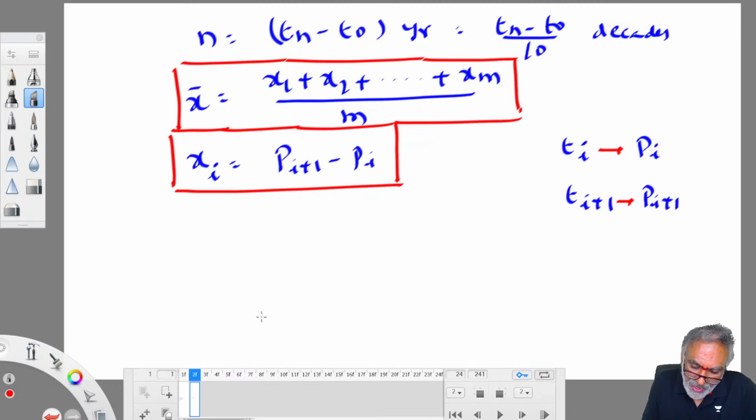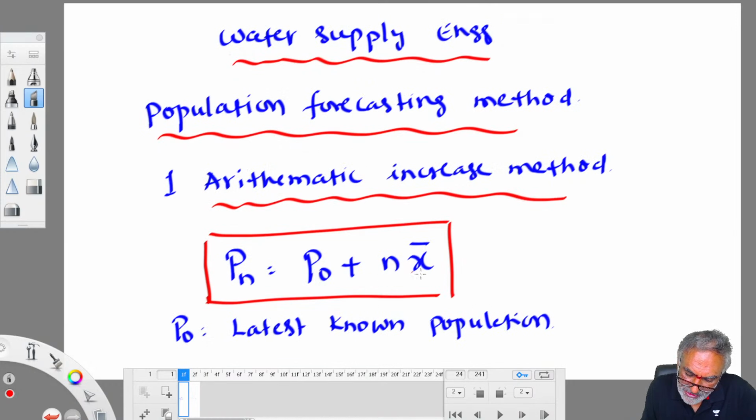Then by substituting this value X bar, we work out Pn. If population data is given per year, X bar you will get per year. If population data is given once in every decade, then X bar we calculate per decade. Based on that, we substitute in this equation and work out the Pn value.